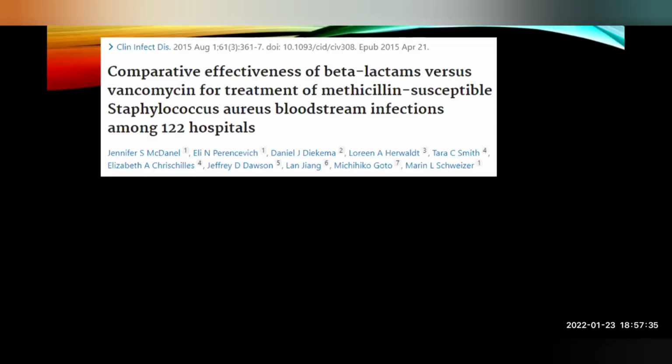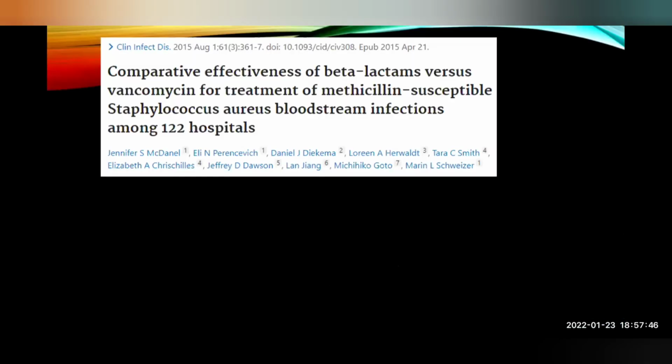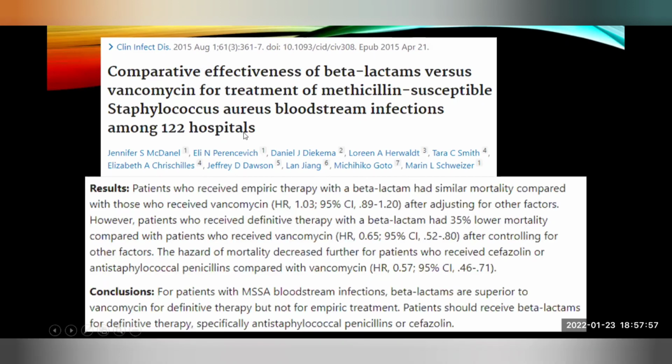Whenever a patient is empirically started on vancomycin and then it grows MSSA, I have received many clinicians calling and asking, why not continue this vancomycin? Again, there is a lot of evidence. This is one comparative study which evaluated beta-lactam versus vancomycin in treatment of MSSA among 122 hospitals.